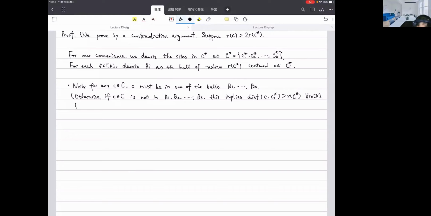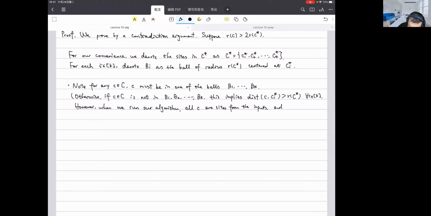On the other hand, when we run our algorithm, an important thing assumed in this greedy algorithm is that all c are sites from the input.